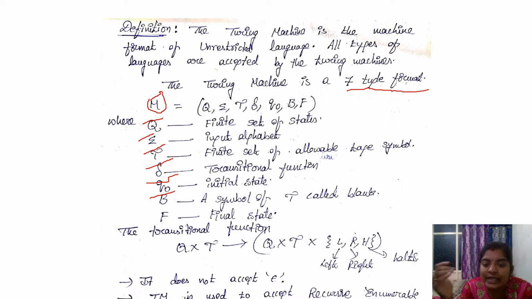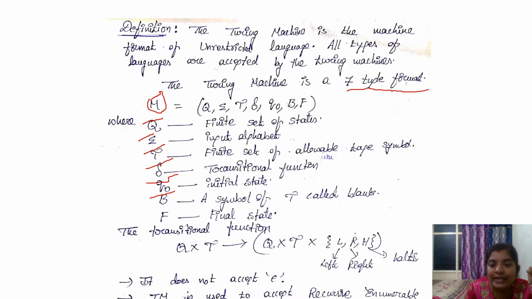Those different states can be represented as Q, the finite set of states. The next one is the input alphabet. That means the different types of symbols that are present within the given input string can be represented as sigma.